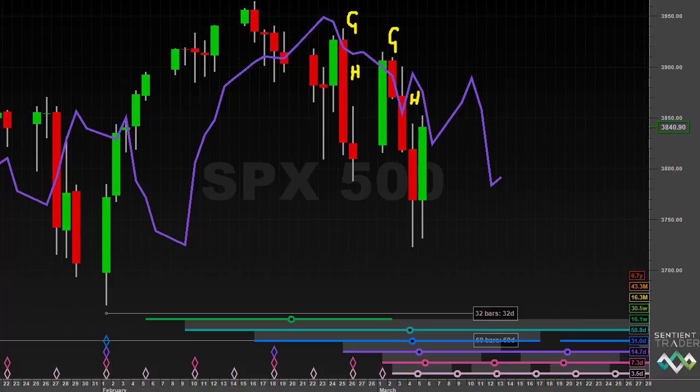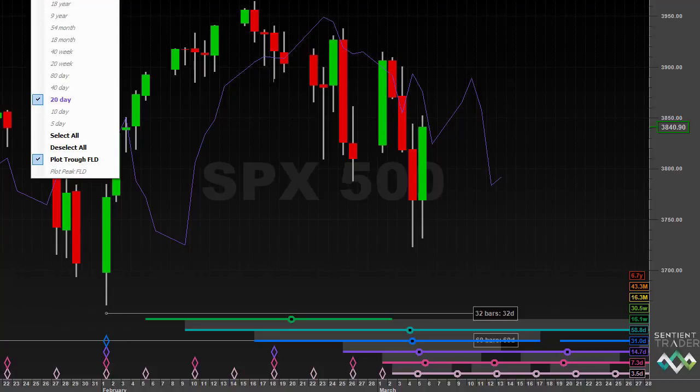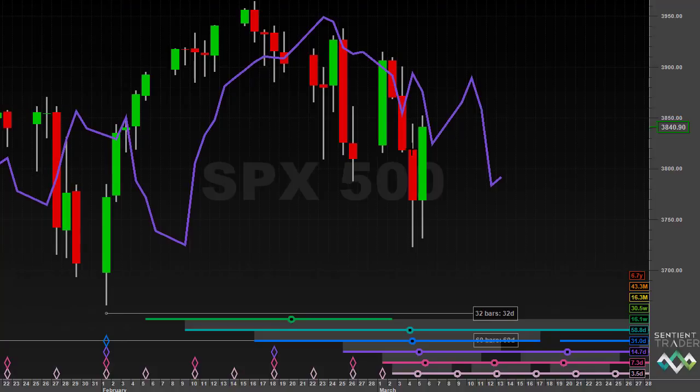And so the first thing that we can do is start looking at our FLDs, and let's be logical about this. And first of all, ask ourselves at what point, or I should say at which FLD, would we have confirmation that the 20-week cycle trough has formed? Now, this is going to be quite interesting, because for the confirmation of a trough of a cycle, price needs to cross the FLD of that cycle.